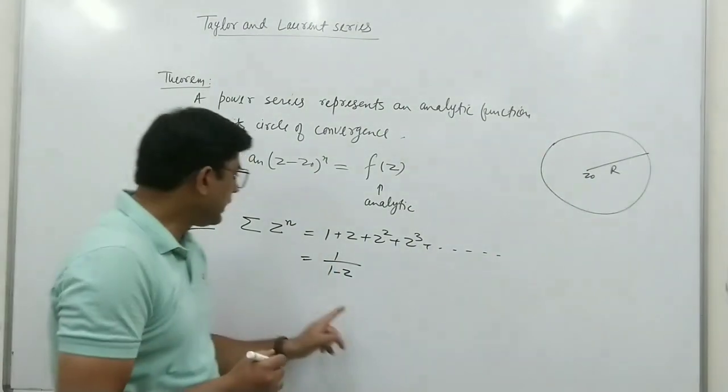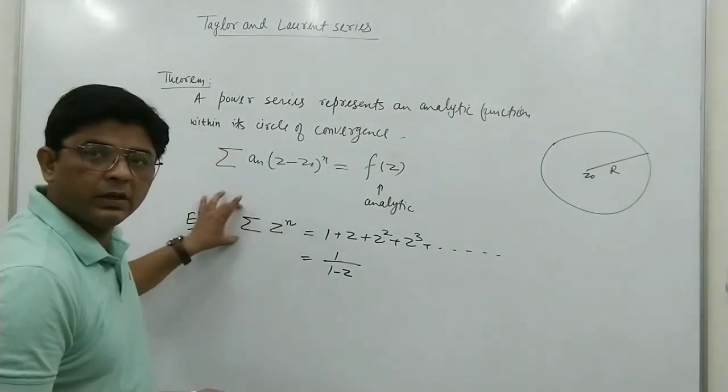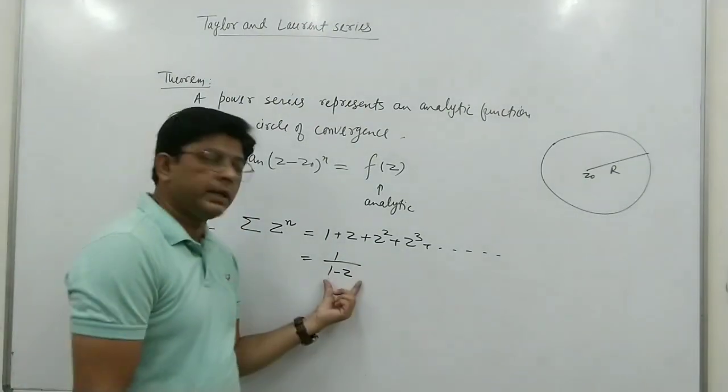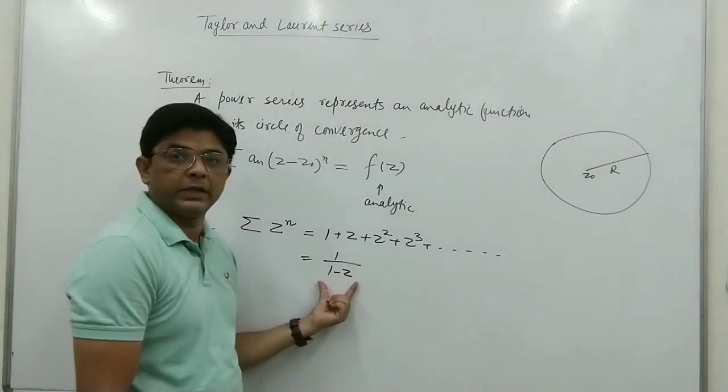Now we can see that on the left hand side we have a power series, and on the right hand side we have a function f(z), equal to 1 upon 1 minus z.